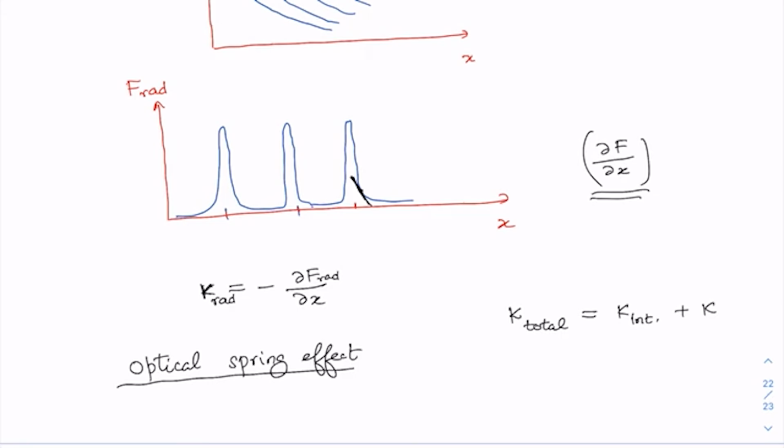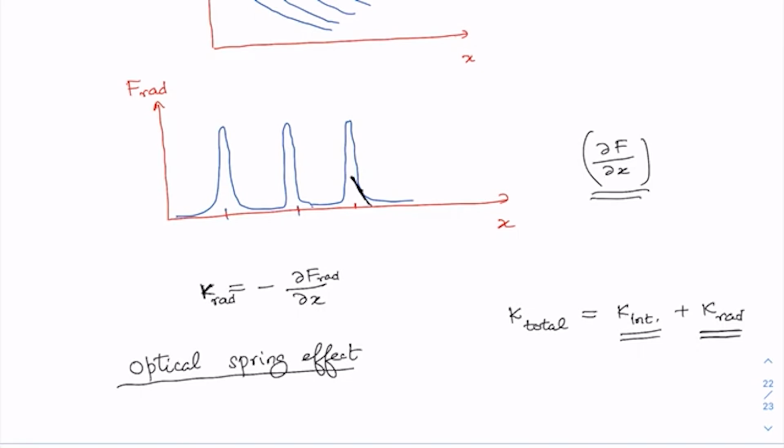So we are going to have an effective spring constant, with a contribution from the intrinsic one and another one due to the radiation pressure force. In fact, this effect can be very strong, and sometimes the increase in the spring constant may even exceed the intrinsic spring constant of the oscillator or the mirror.